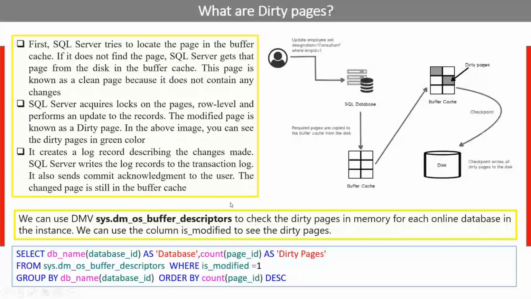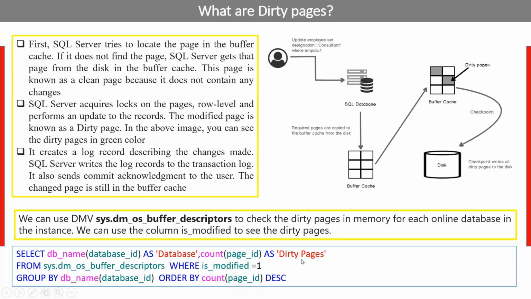So that is what we discussed. What is a dirty page? What is a clean page? The page which is not yet modified in the buffer is called a clean page. The page which is modified in the buffer is called a dirty page. And there is a DMV called sys.dm_os_buffer_descriptors to see how many dirty pages are available per database. So you can copy this one.